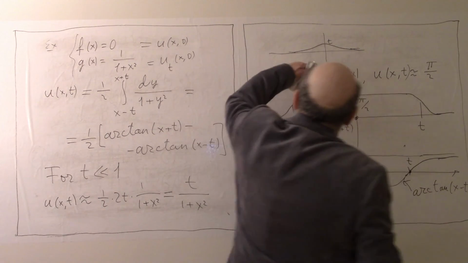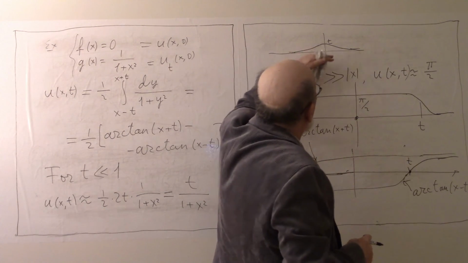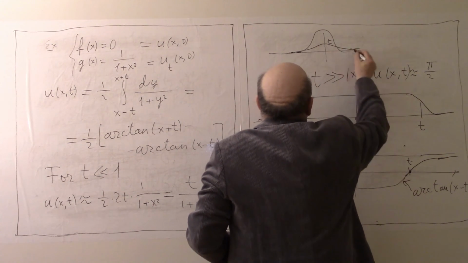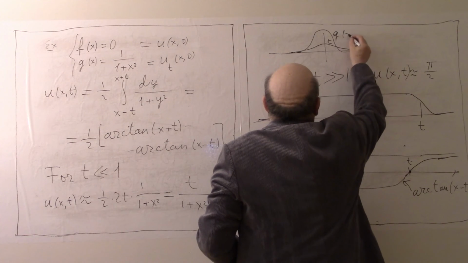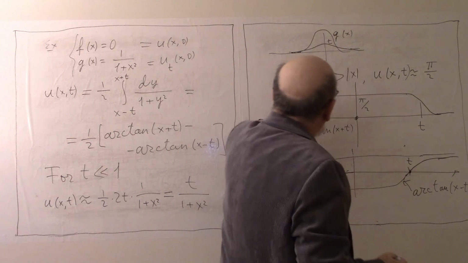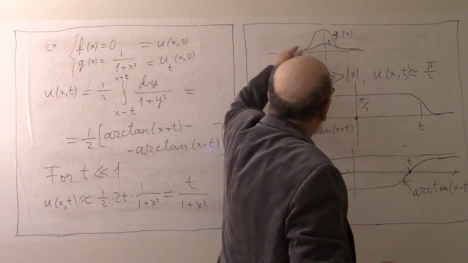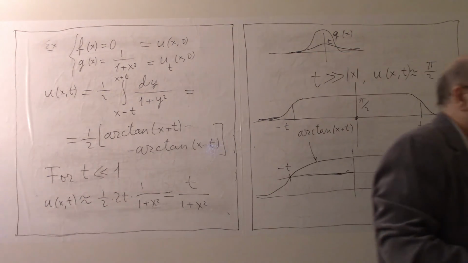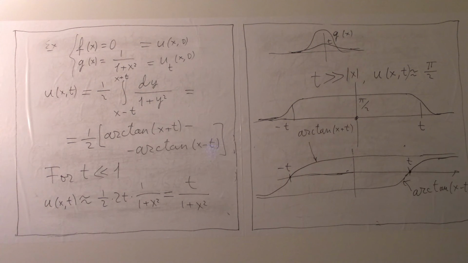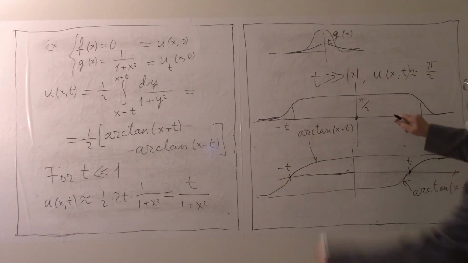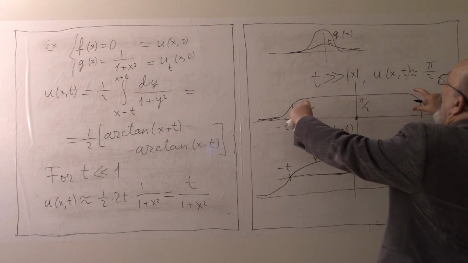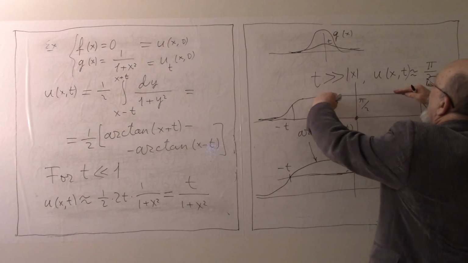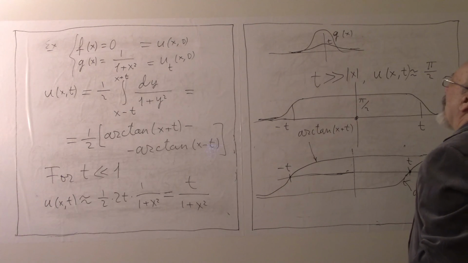We gave an initial velocity g(x) which is concentrated near 0 and decays fast enough outside of 0. As a result, we see the domain where the function approaches some limit, in this case pi over 2.